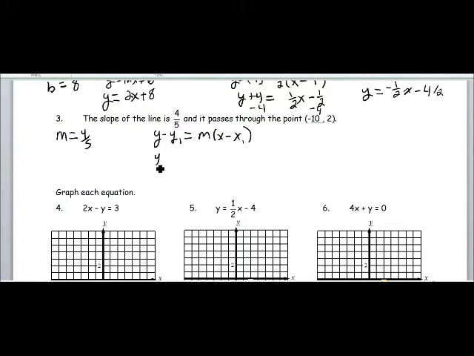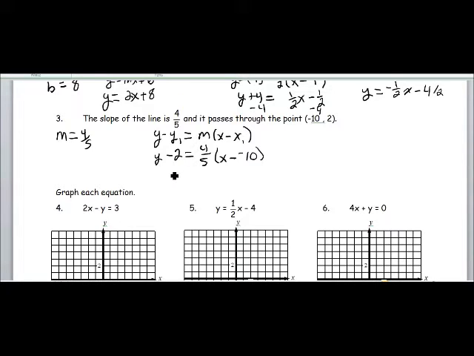So I'm going to write y minus 2 equals, now my slope is 4/5, times x minus, it's always going to be minus, and then I'm going to put negative 10.